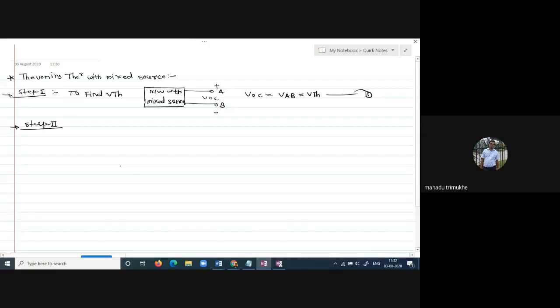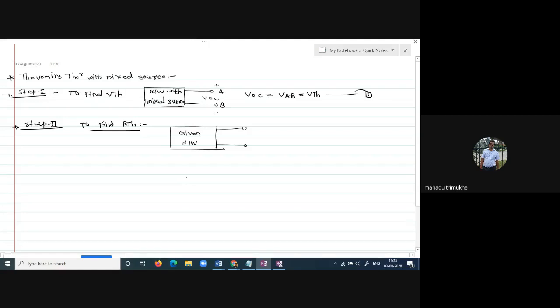So in step number two we find RTH. How do we find RTH for the mixed source? Suppose you have a given network with a load resistor.